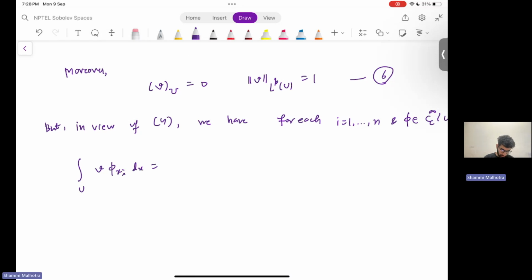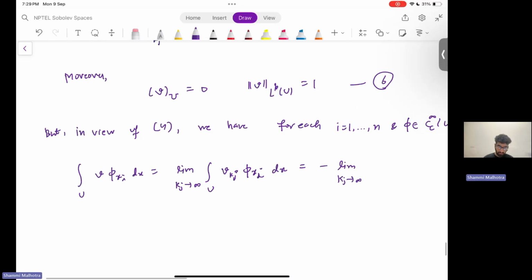This is minus the limit of the integral of the derivative of v_{k_j} times phi, since these v_{k_j} are in W^{1,p}.